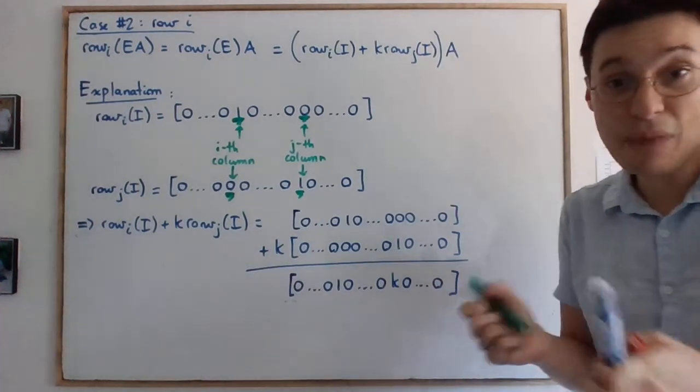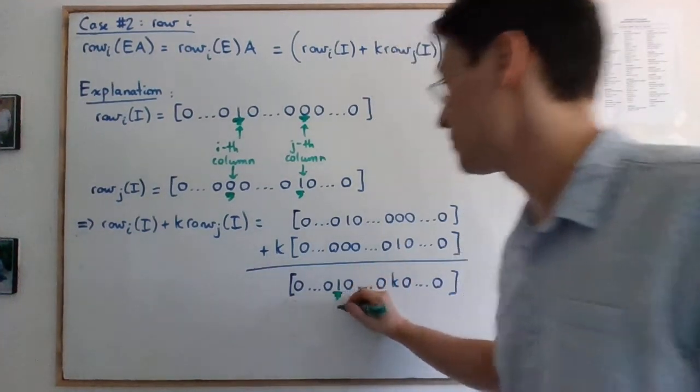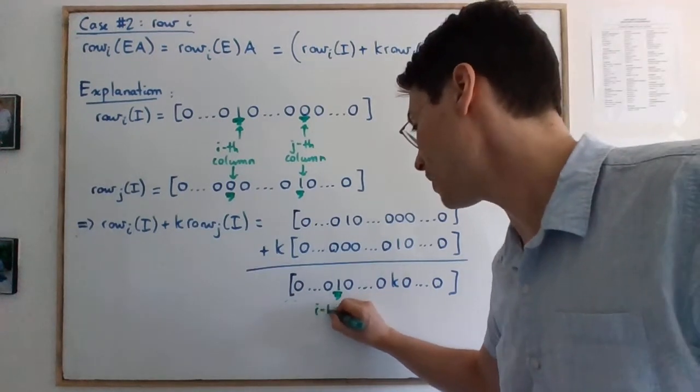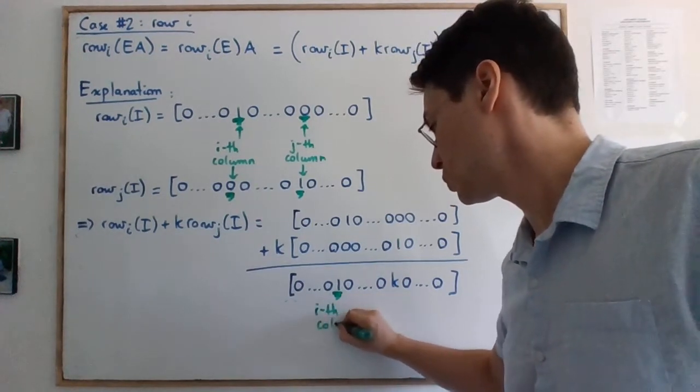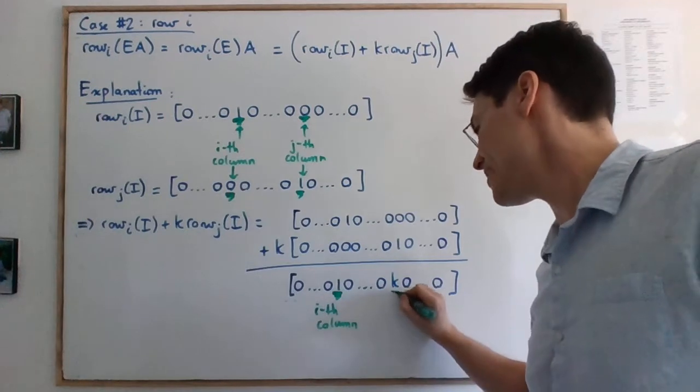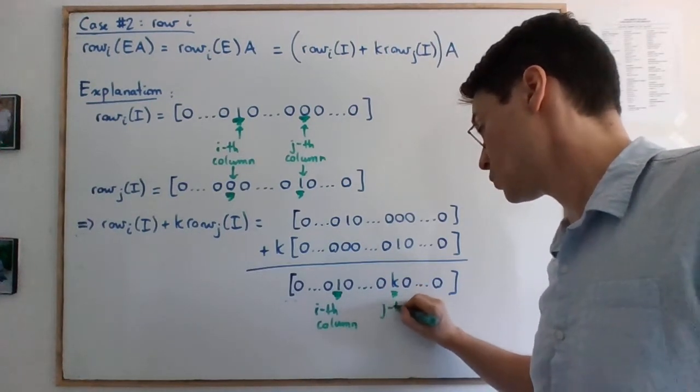Now I remind you, this is the ith column, and this is the jth column.